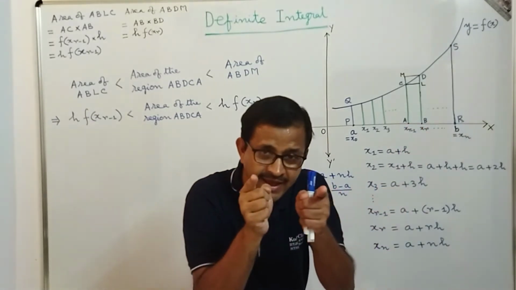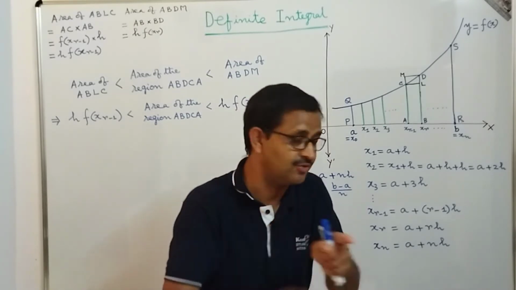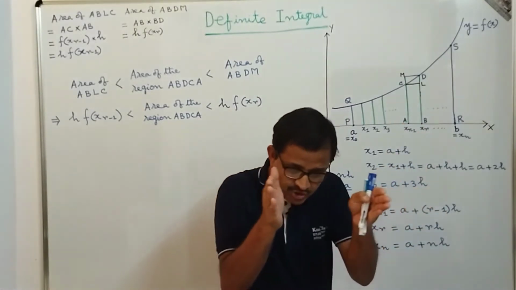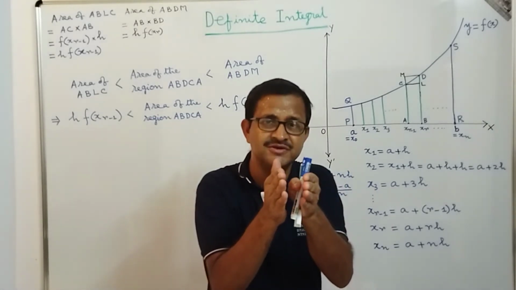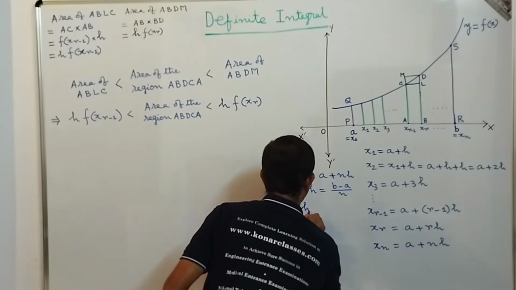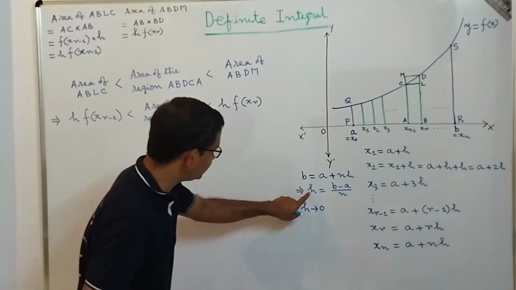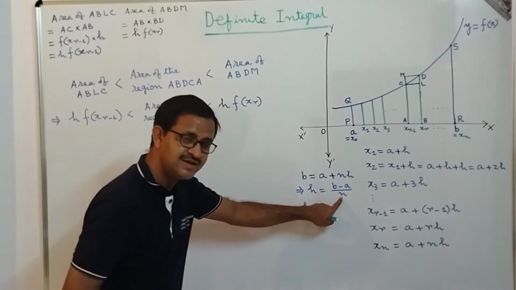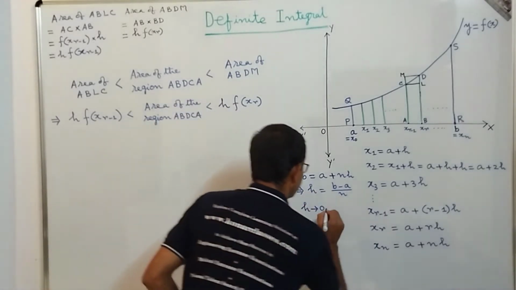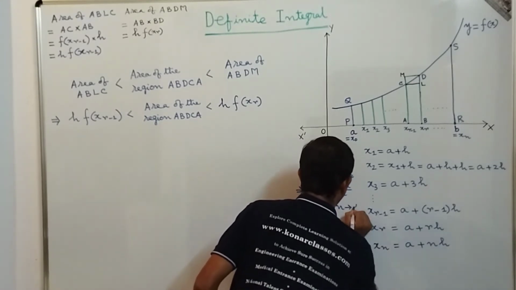Correct or not? Think about that, A and B you are actually making closer to each other. When you are making A and B closer to each other, that means what, dear students? h is tending to 0, because AB is h. So when h is tending to 0, that means n must be tending to infinity. h tending to 0 is implying that n tending to infinity.